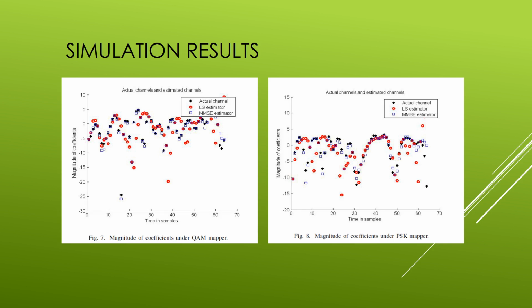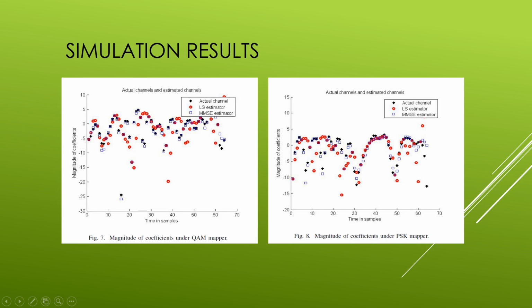Then in this section, I will show you the simulation results of these two different kinds of channel estimators compared to the actual channel. These two figures represent the magnitude of coefficients of the estimated channel and actual channel using two different kinds of constellation method.